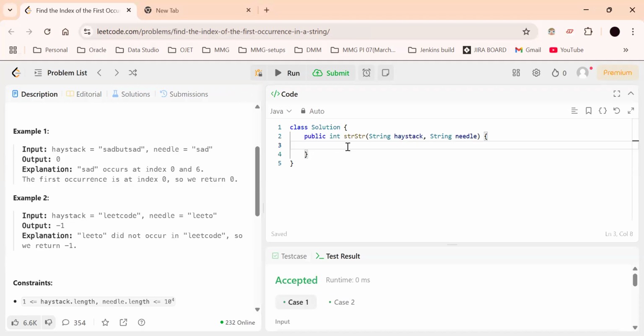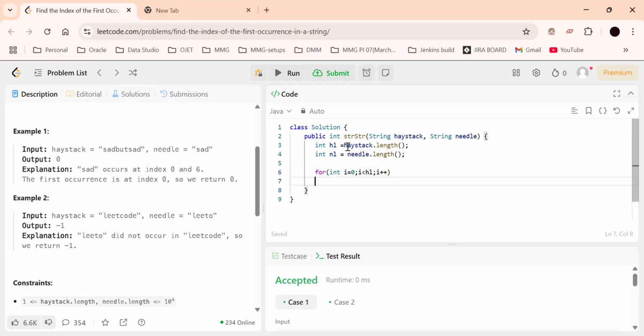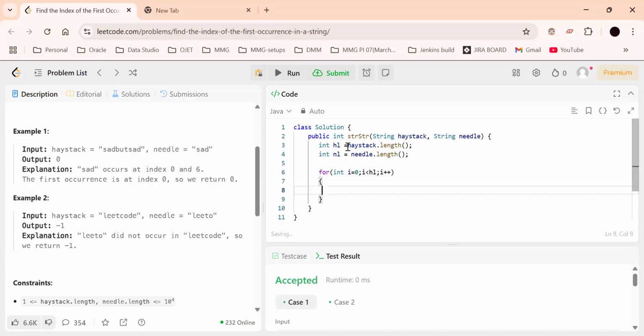So let me take the length of both the strings. int haystackLength equals haystack.length, int needleLength equals needle.length. Now for int i equals 0, i less than haystackLength, i plus plus.